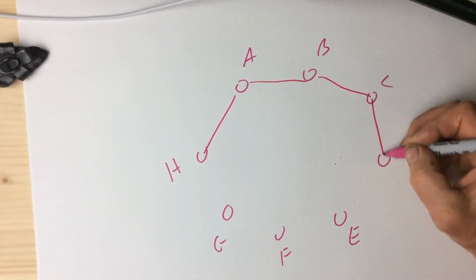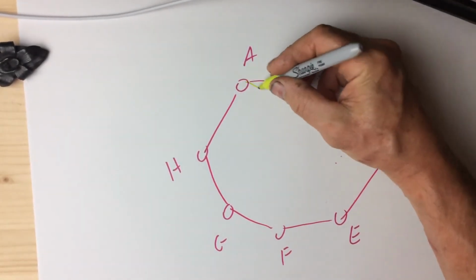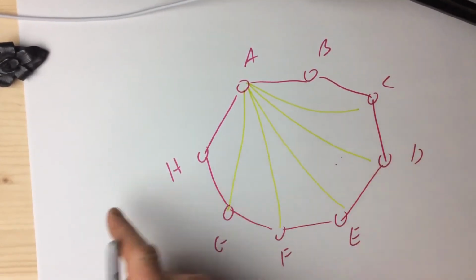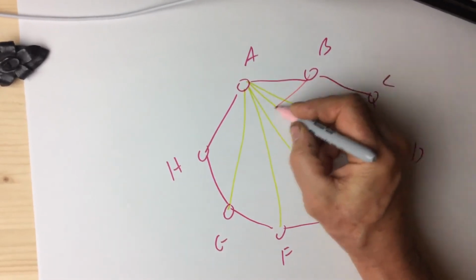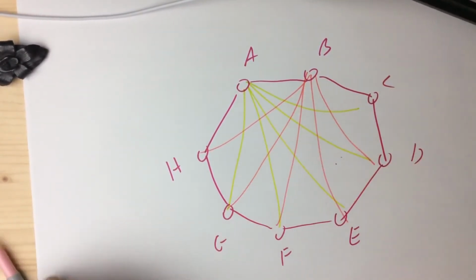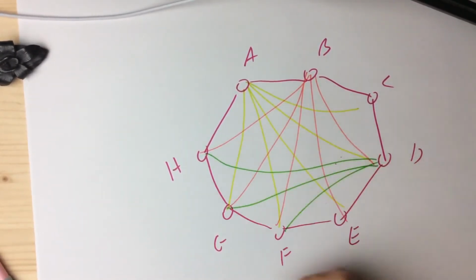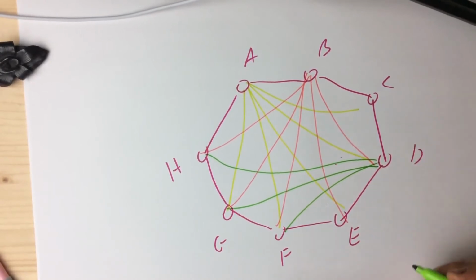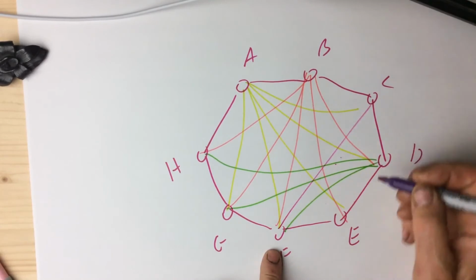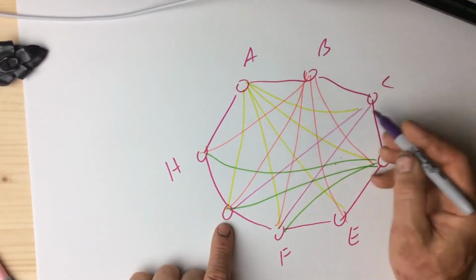Every single city is connected to every other city. We can't say anything different because we know there is a way to get from one city to every other city. So because of this, there are just one heck of a lot of lines.